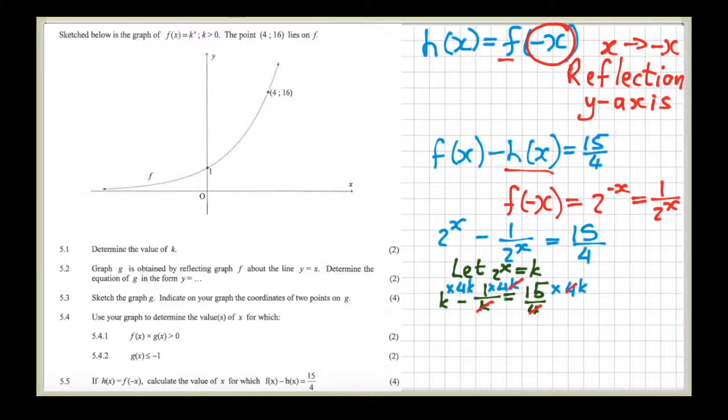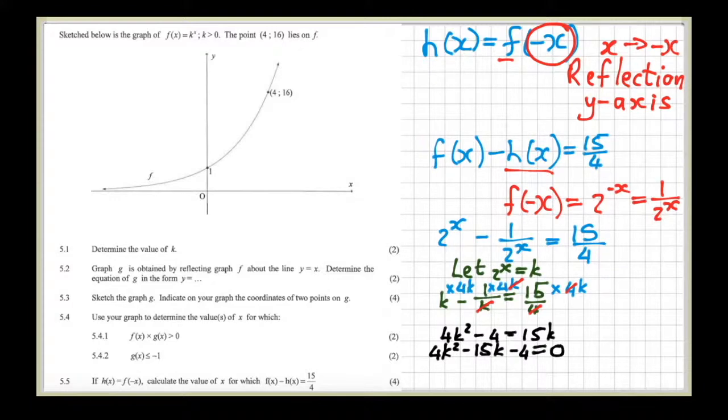So in other words, I'm going to sit here with 4k squared minus 4 equal to 15k. Now this is a nice algebraic equation, which means that I'm going to solve it by putting it equal to 0. Let me do 4k squared minus 15k minus 4 equal to 0.